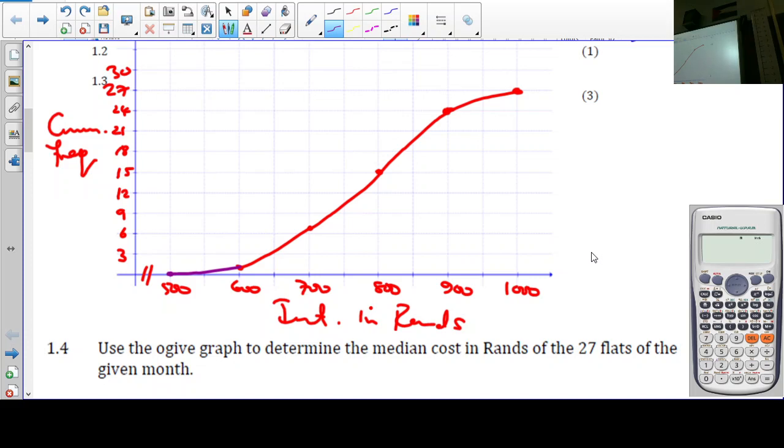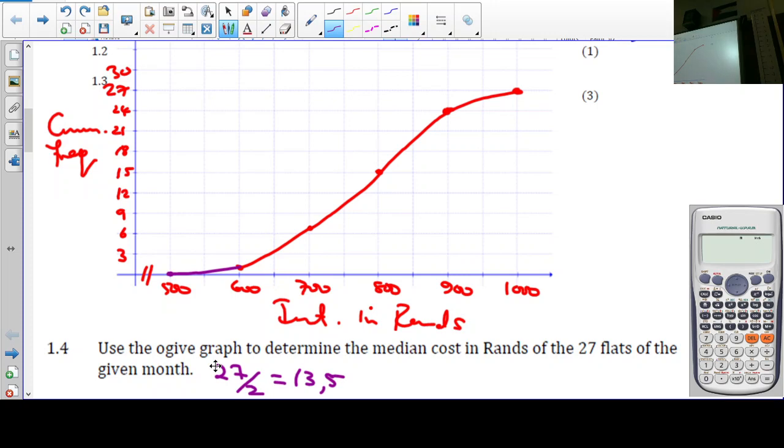So your median is basically the middle number of sorted data. As you can see, the data at this point is sorted. There are 27 flats, so we go with 27 divided by 2, which gives you 13.5.